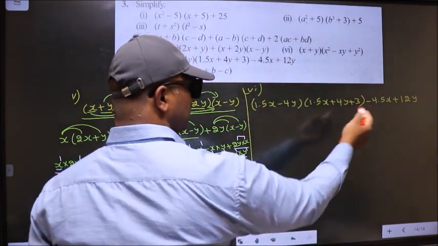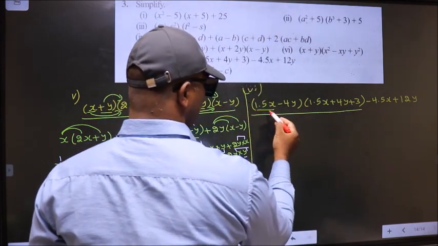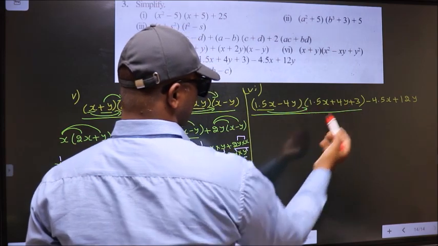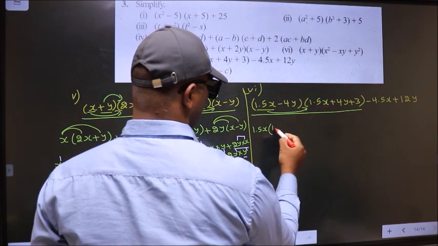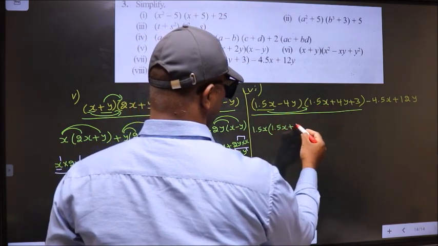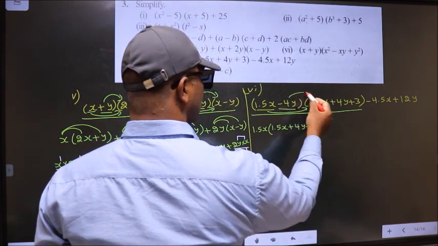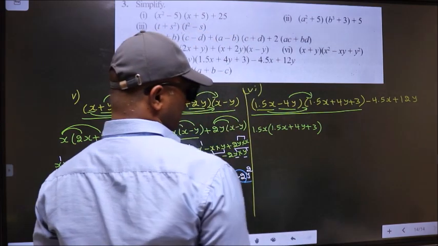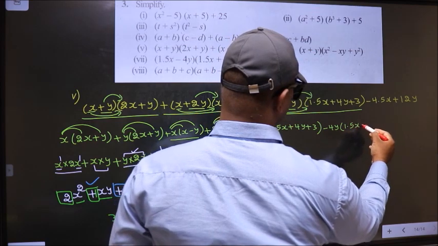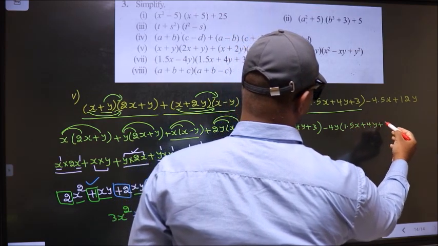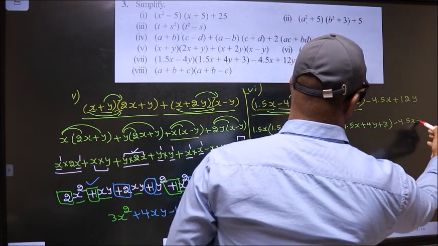Now, to simplify this, first here with 1.5x we should multiply this bracket, that is 1.5x times this entire bracket, 1.5x plus 4y plus 3. Now with minus 4y we should multiply this bracket, that is minus 4y into 1.5x plus 4y plus 3. This no change, plus 12y.